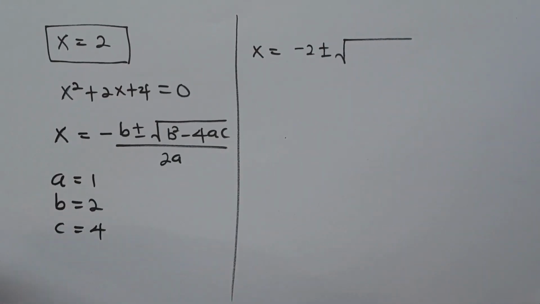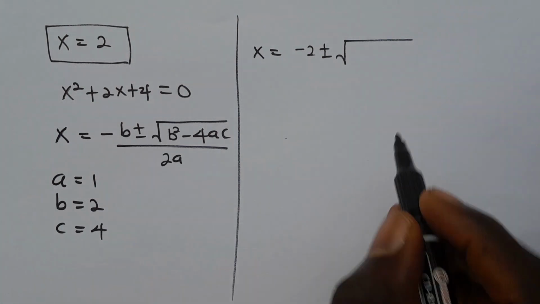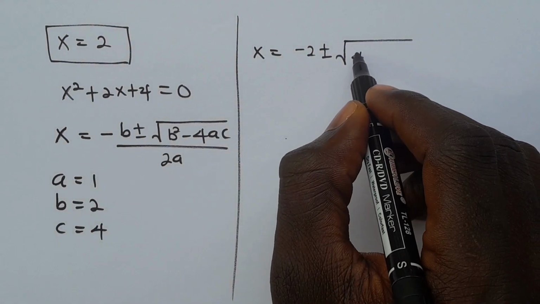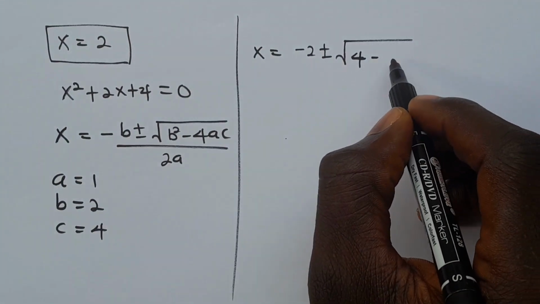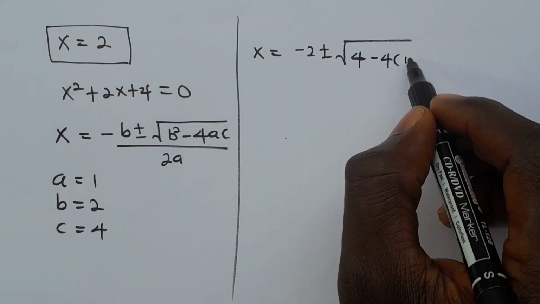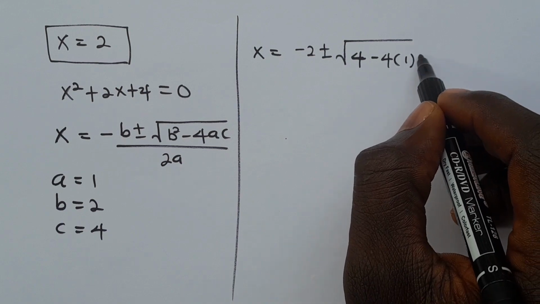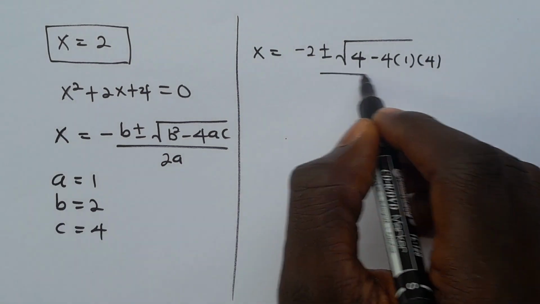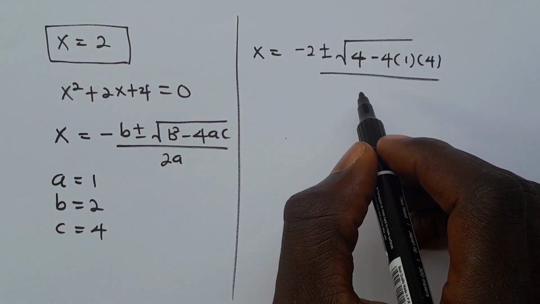square root of 4 minus 4 into bracket of 1 into bracket of 4, divided by 2 multiplied by 1.